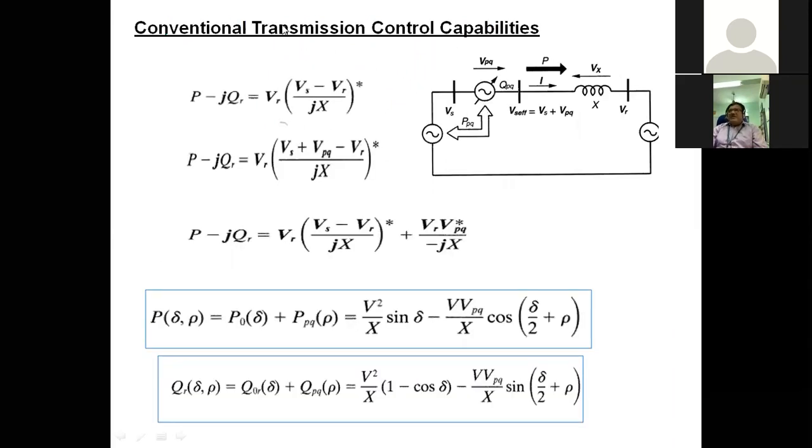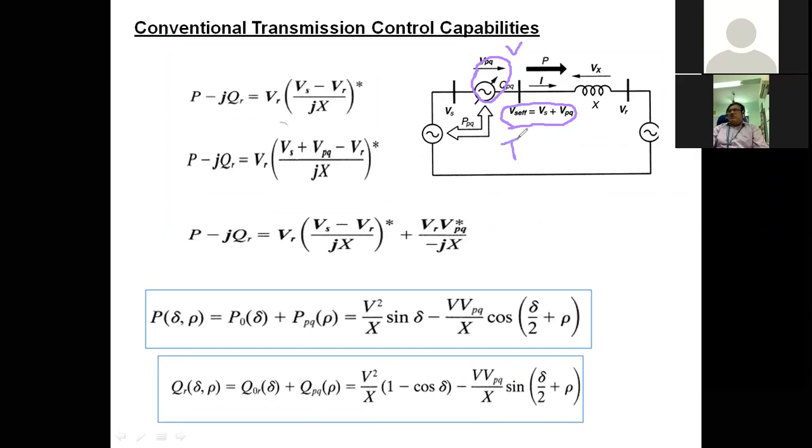See here, I am repeating and redrawing this diagram. Here we are injecting a voltage VPQ in series with the transmission line, so that in place of the sending end voltage you have Vs plus VPQ. To calculate the current in general without compensator, consider Vs minus Vr by jX.